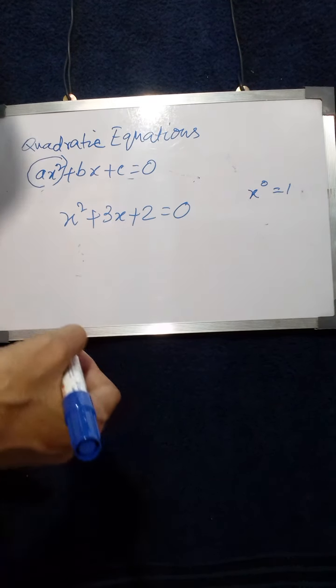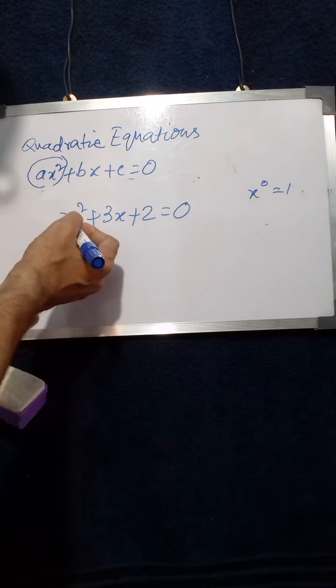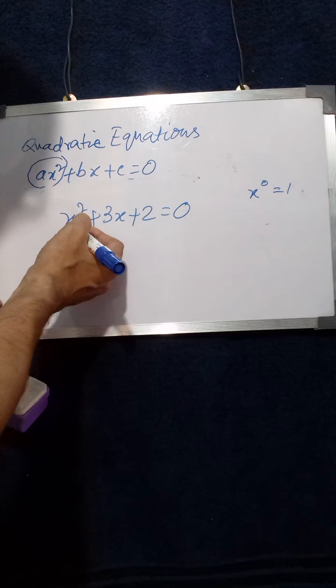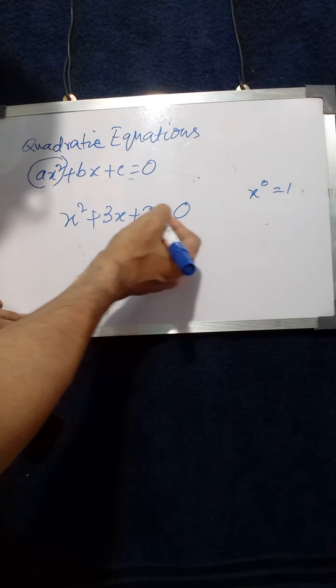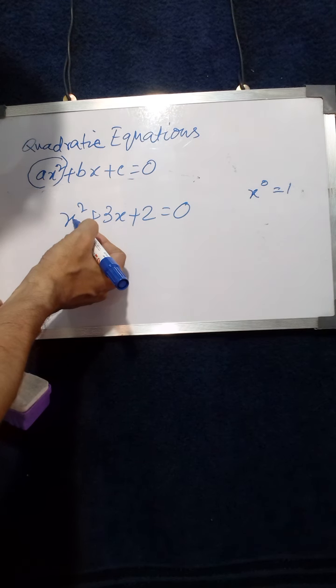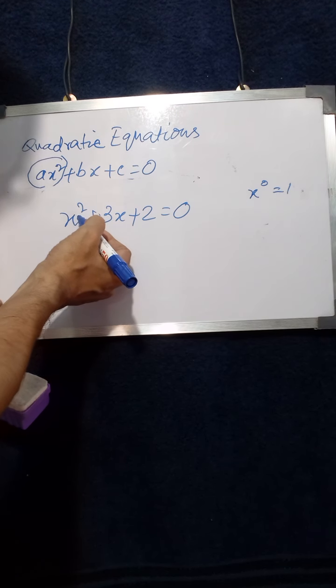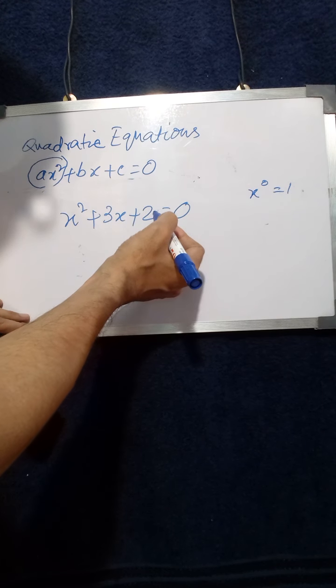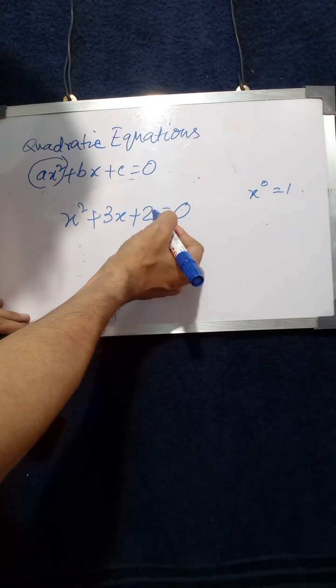So in that way you can remember either the x will be arranged according to the increasing order of their indices or decreasing order of their indices. Here the x has been arranged in accordance with the decreasing order. 2, 1, here 0. x to the power 0 was there.